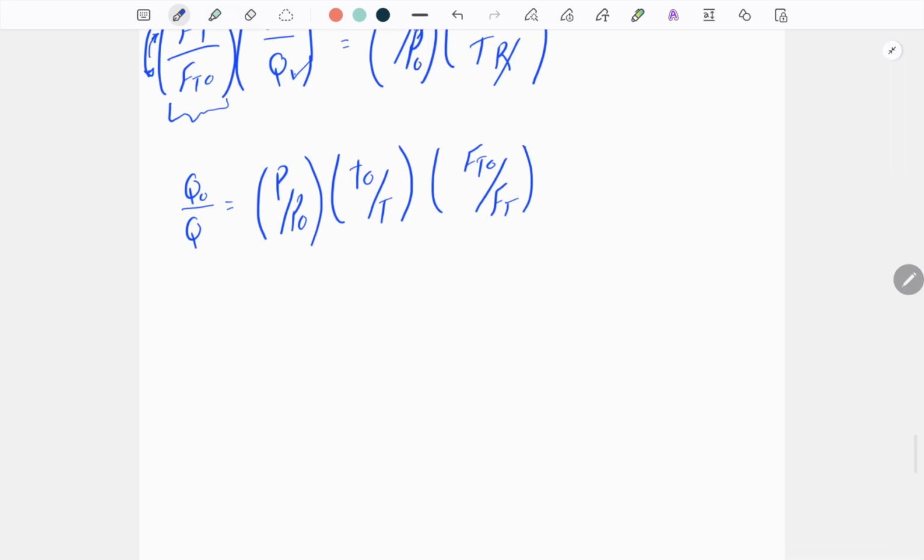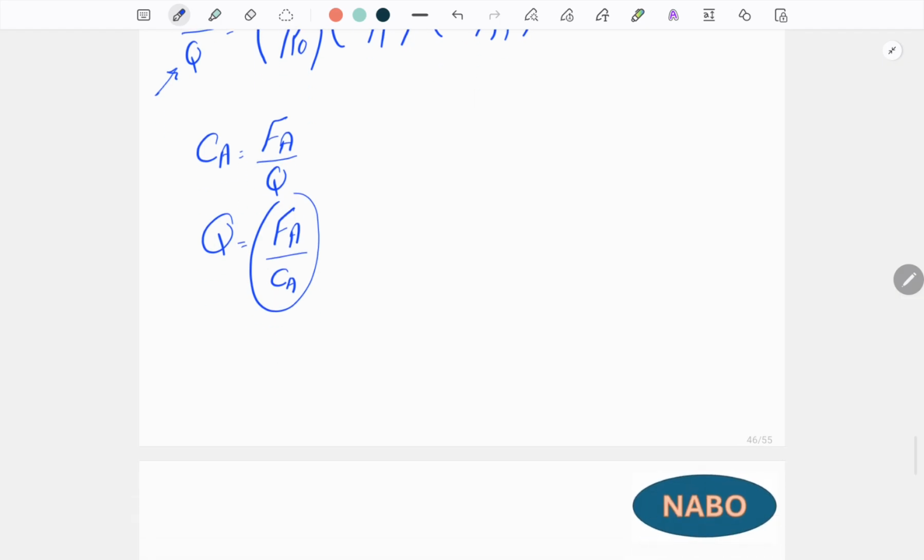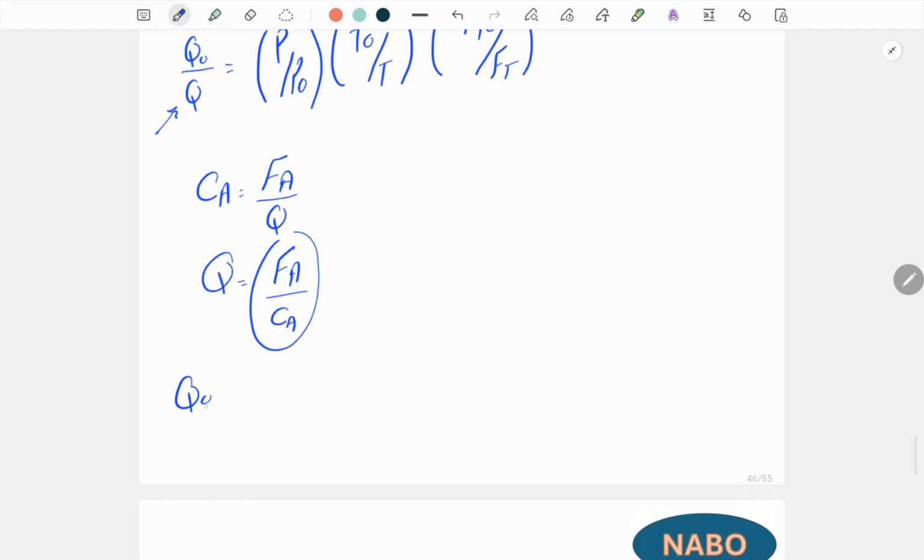Now again, we know that Ca equals the molar flow rate over the volumetric flow rate. Therefore, Q will equal Fa over Ca. You can substitute this here, and we'll be left with Q naught divided by Fa over Ca, which is simple math.